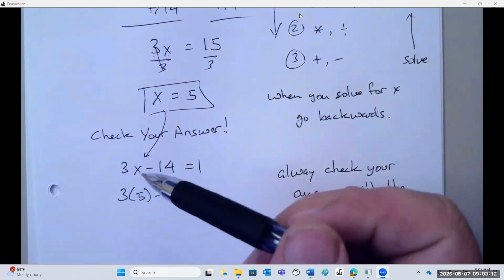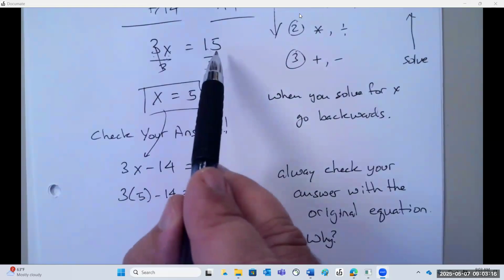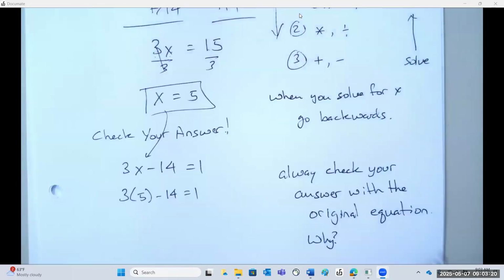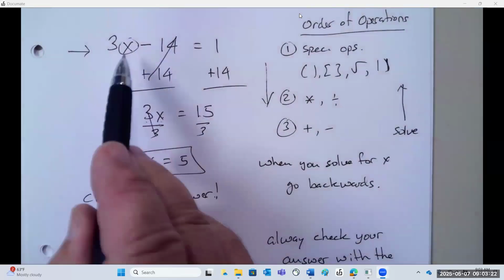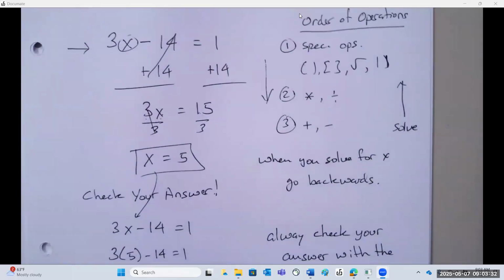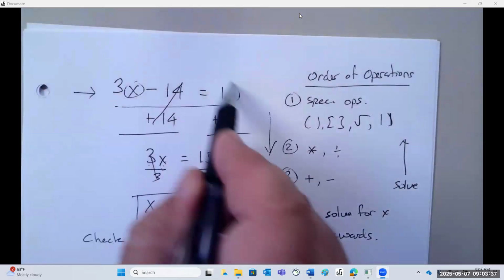But what if this was wrong? The only thing that's not wrong is that. That's the only thing you can be sure of, because that's the question. So always check with respect to the original equation.